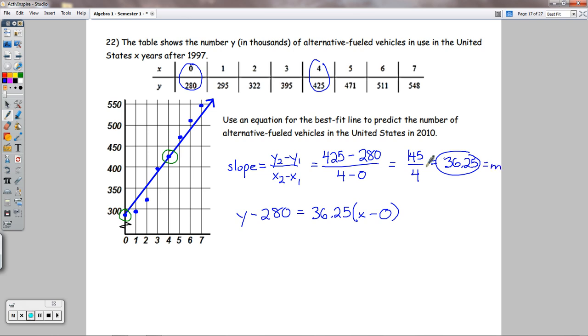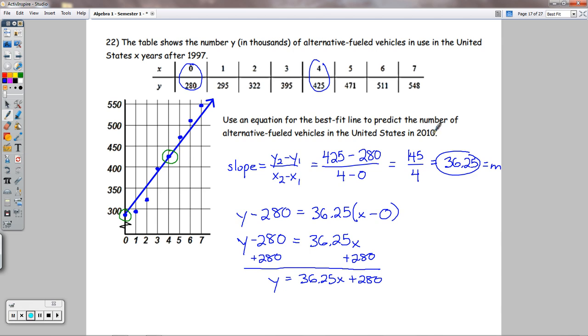This is my m value. So from there, y minus 280 equals 36.25. Distribute this, distributing to 0, that part goes away, so this would just be that. I can add 280 to both sides, and that gives me 36.25x plus 280.